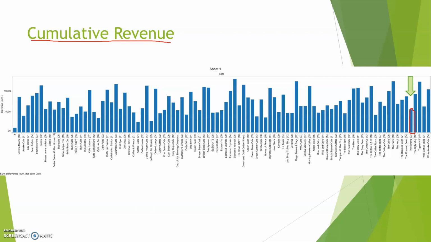The average cumulative revenue based on every company presented here is $57,000. So we performed well over the average by achieving a cumulative revenue of around $560,000. And that is all for my presentation.